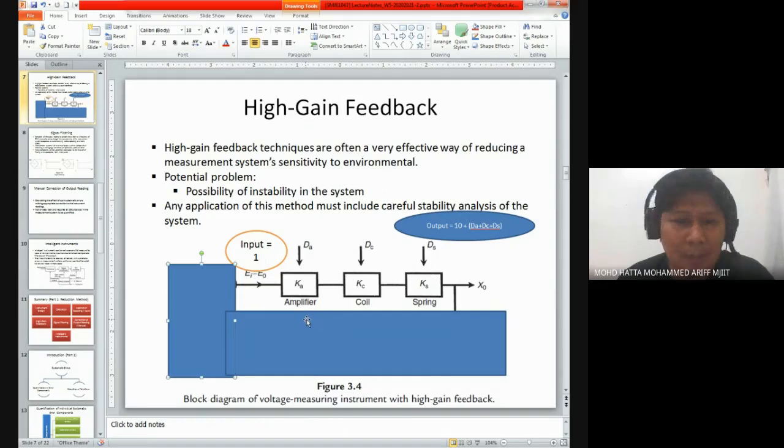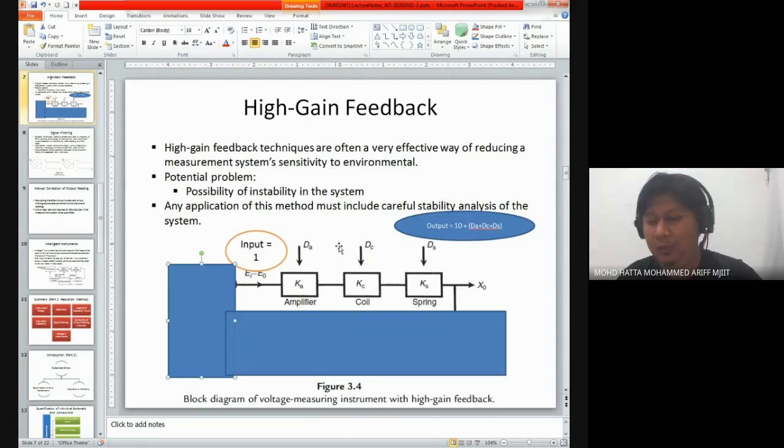Since the amplifier itself will introduce some noise, as well as the coil, maybe an electromagnetic problem, and also the spring, maybe an elasticity problem, we predict that all these three modules will introduce disturbance. So the output that we get is not the actual 10. Maybe we'll have 10 plus all these disturbance factors.